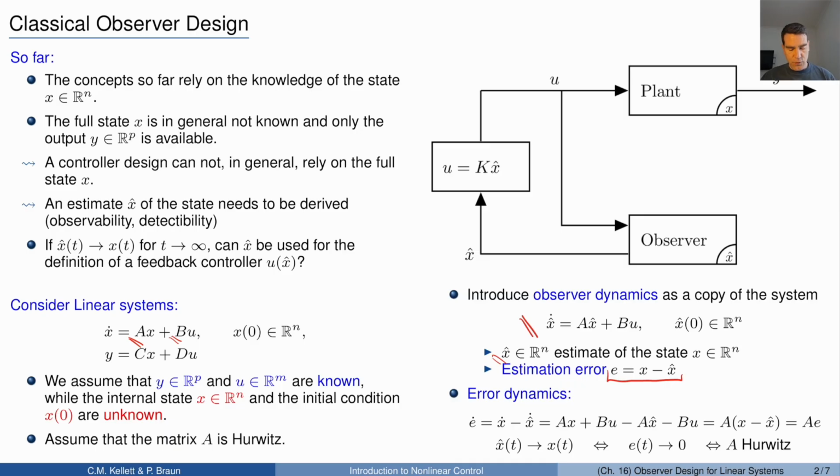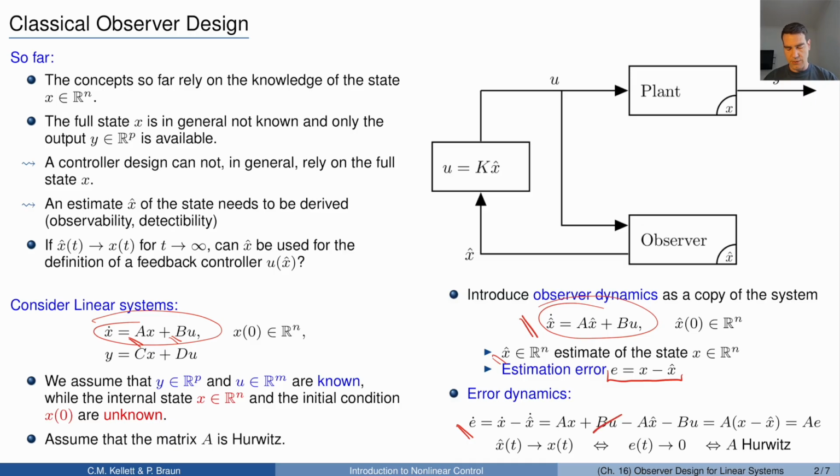Why is that helpful? Well, that's helpful because now we can look at the error dynamics, taking the derivative of e with respect to time, plug in the definition giving us x dot minus x hat dot. Then we can plug in the dynamics of the plant and the dynamics of the observer, and we can simplify corresponding terms.